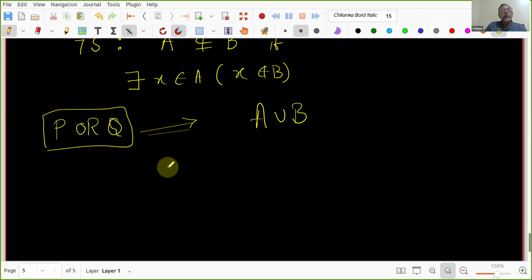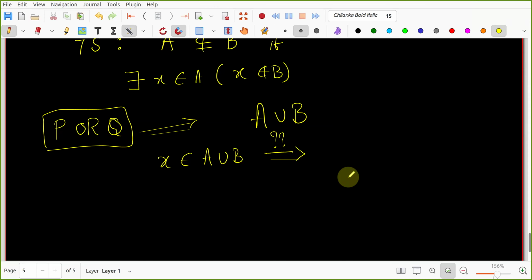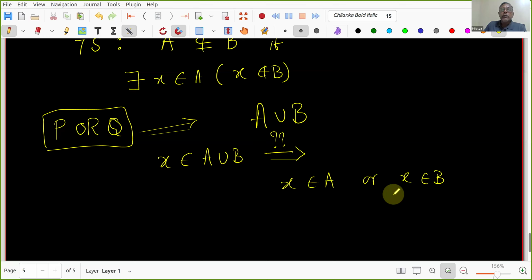Okay. So can you tell us what do you mean by x belongs to A union B? What is the meaning? So it means that either x belongs to A or B or in both. You need not say both, okay? Understand that "or" in mathematics automatically allows both also, right?